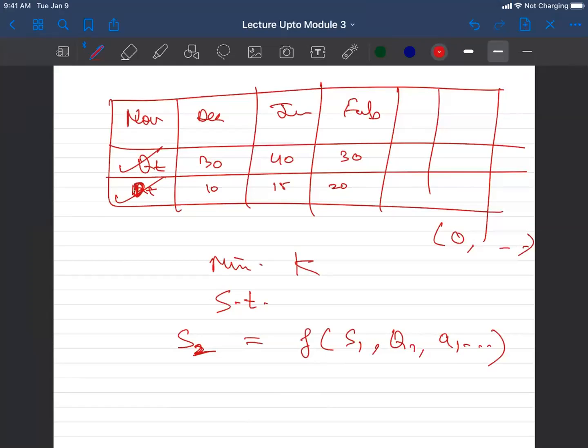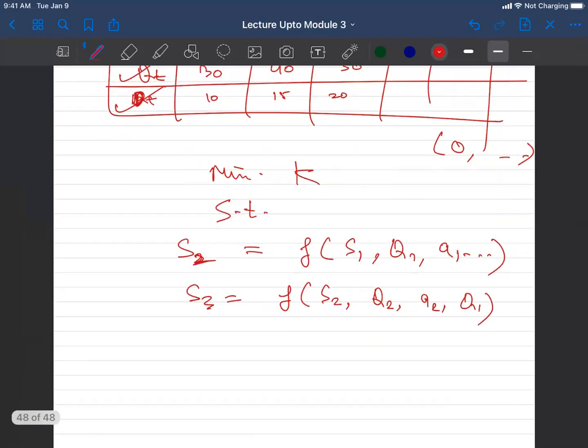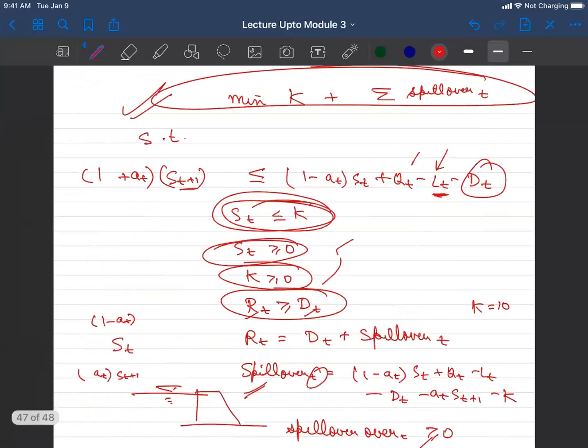We can expand that, right? We can write S3 as a function of S2, Q2, A2, Q1. And in this case, these are linear functions. I'm doing nothing special. I'm just putting t equal to 1, t equal to 2, and so on. And I will do it for all the months.